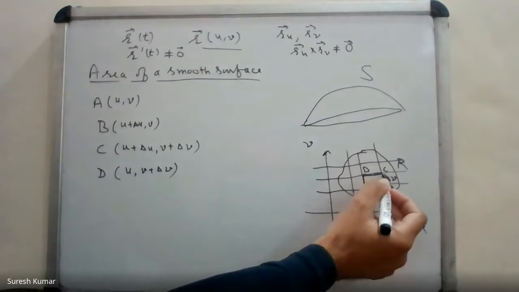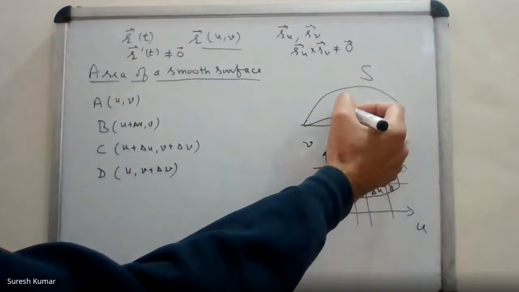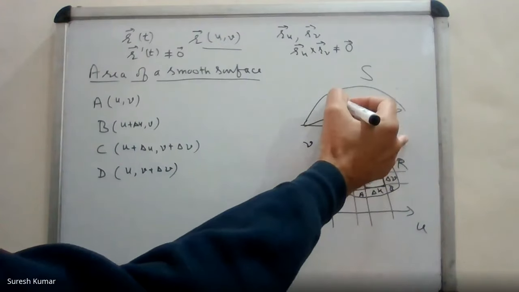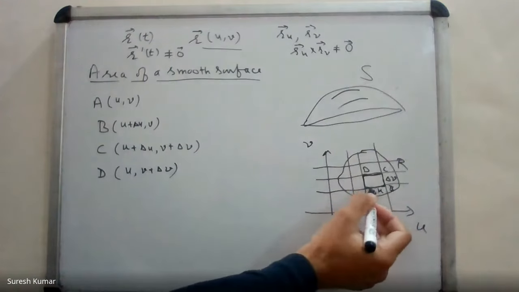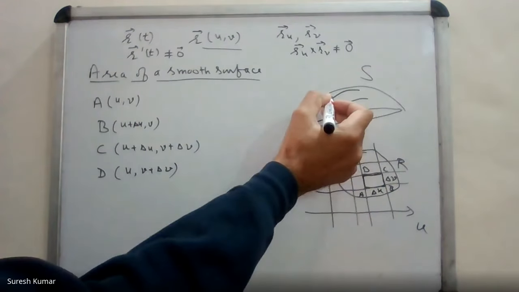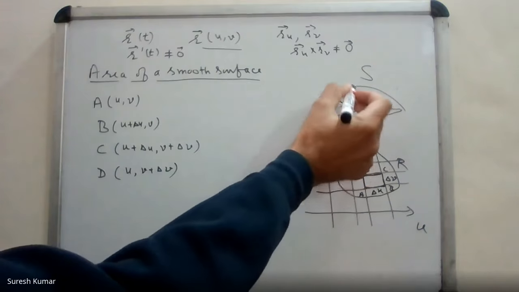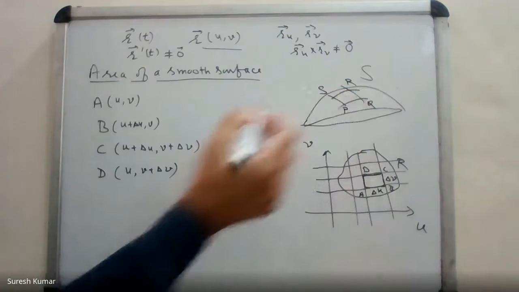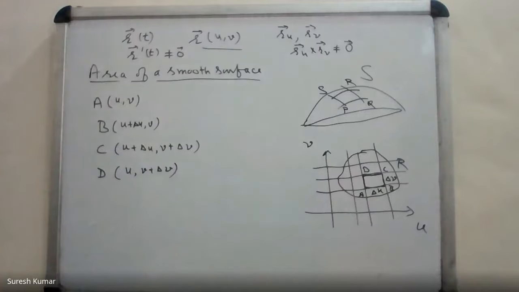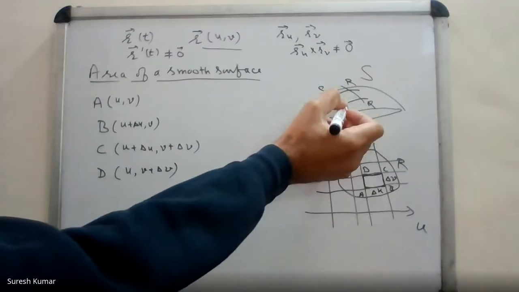Suppose the corresponding patch on the surface is PQRS corresponding to ABCD. PQRS respectively correspond to the points ABCD. So what is the position vector of P?